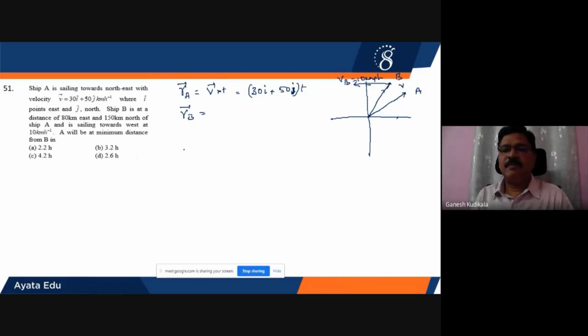On the x-axis, minus of 10t plus 80, already on the positive side it is 80 kilometers towards east, so minus 10t plus 80 i cap, and along the y-axis it is 150 j cap.